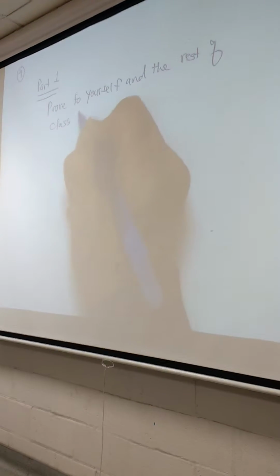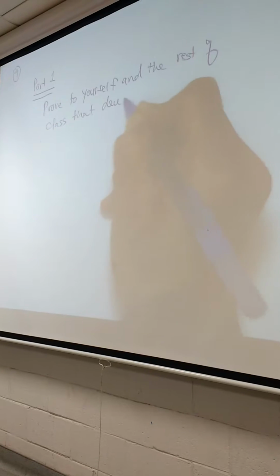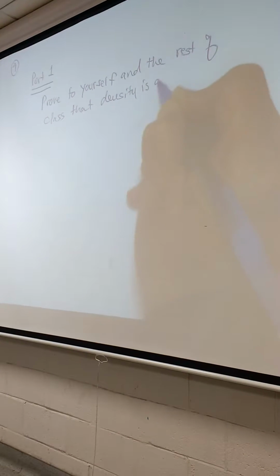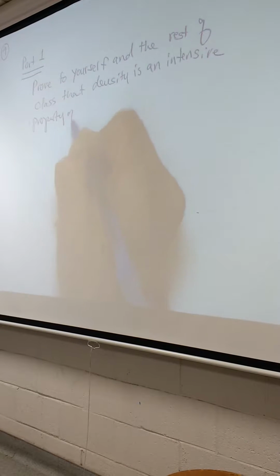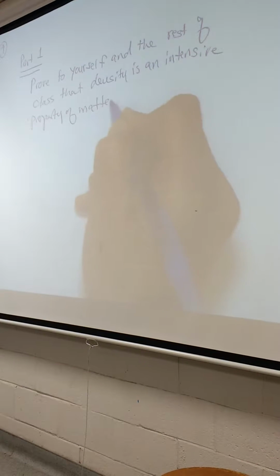So the first part of the experiment, part one of the experiment: prove to yourself and the rest of the class that density is an intensive property of matter. This is the first part we have to do.